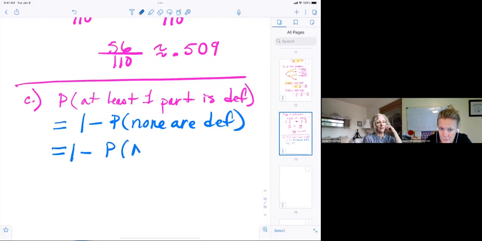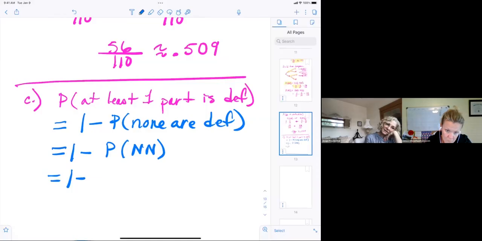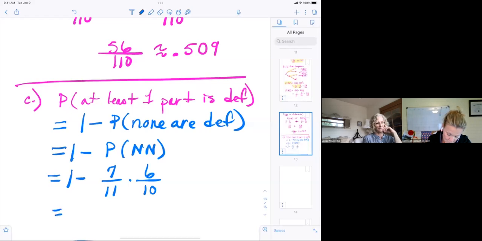What is the probability of none defective? Isn't that NN? First one's not defective, second one is not defective. None are defective. We already calculated that, but in case we want to do it again, probability that none are defective is 7 out of 11 are not defective on the first draw. On the second draw, that would be 6 out of 10.